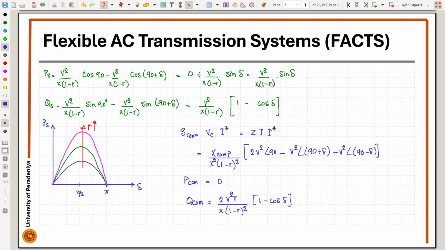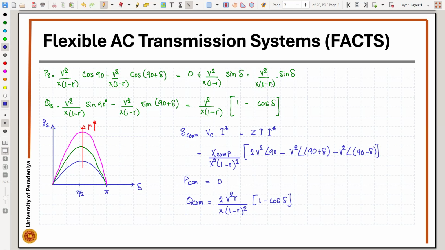That means we should be able to measure the status of the distribution network, and accordingly change the inductance or the capacitance, and also switch between inductance and capacitance.